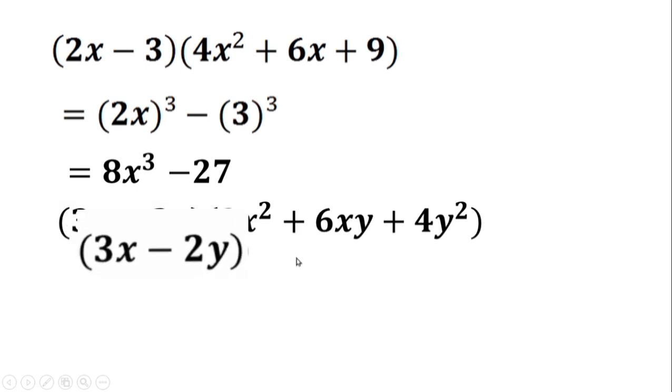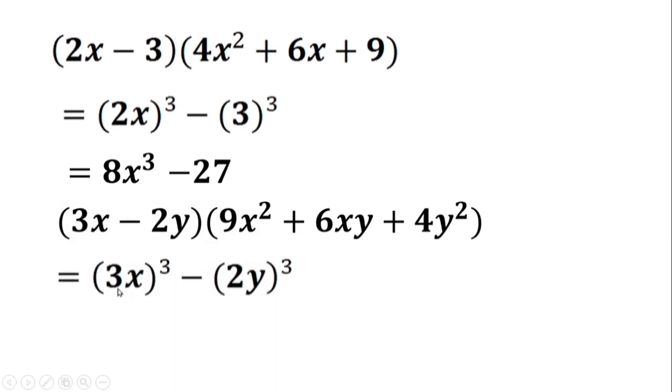So this will result in 3x cubed minus 2y cubed, and the final answer is 27x cubed minus 8y cubed.